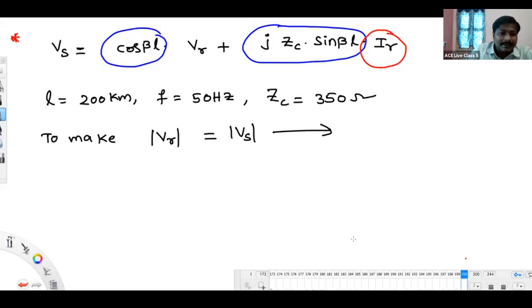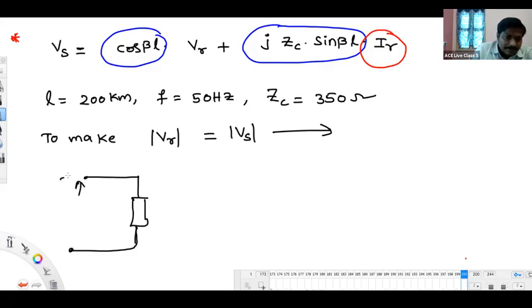See, the receiving end current, particularly if you take the receiving end side load, something like this. This is the receiving end side voltage, Vr, and this is the receiving end side current, Ir, and this load has an impedance of ZL.